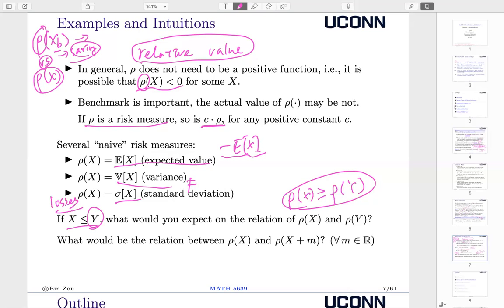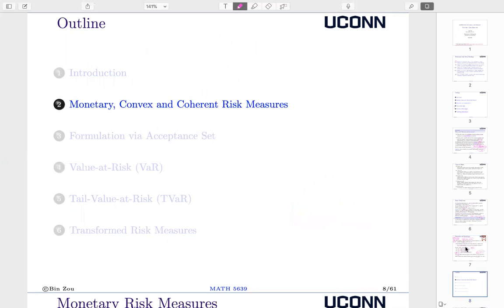So if the loss is bigger, then the risk should be bigger, right? So that's our intuition. What would be this? If the size of the loss is increased or decreased by a constant, what do you expect, right? So those are the questions we are trying to answer.